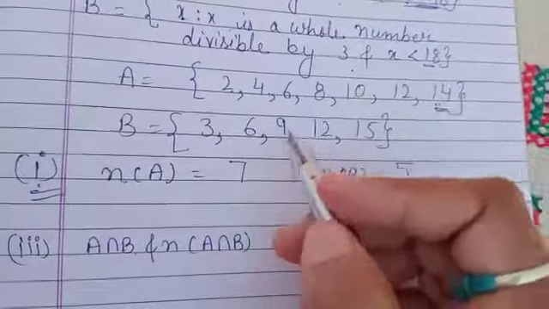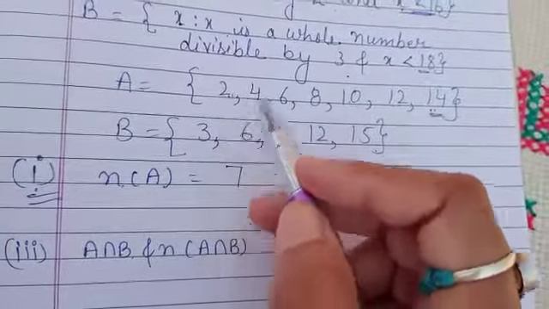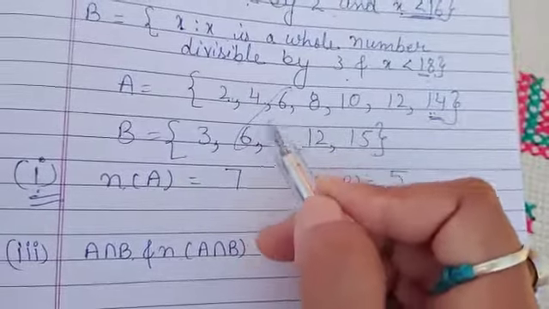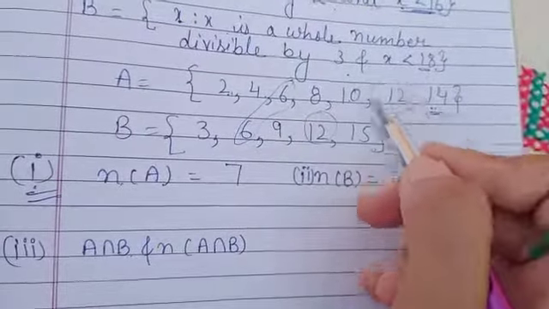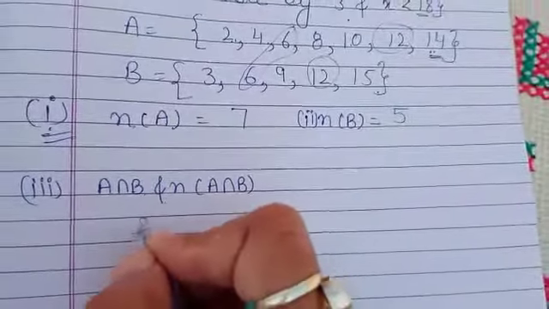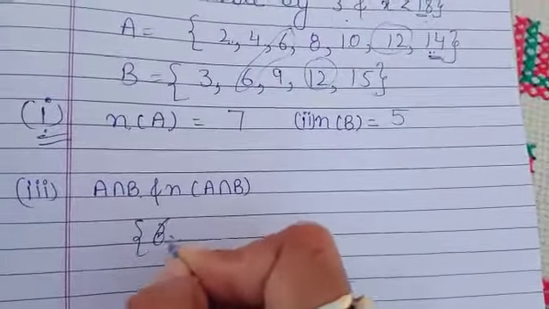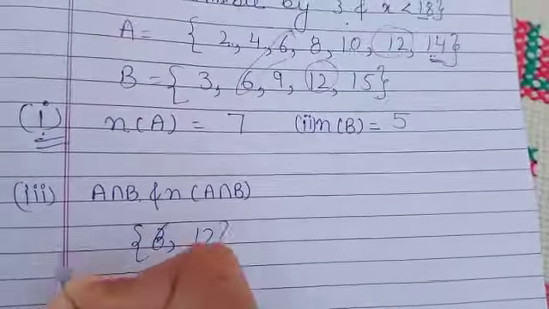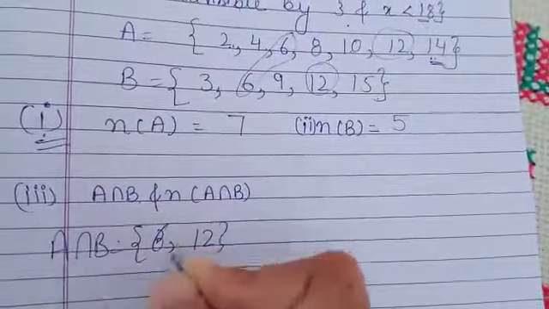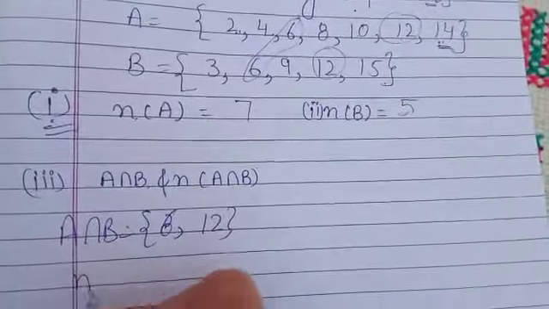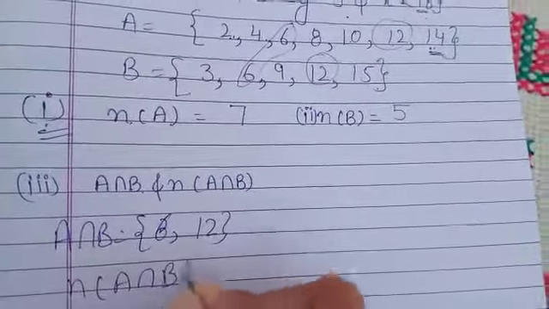So which are common? 6 and 12. Yeah, these two numbers, 6 comma 12. A intersection B is equal to 6 comma 12 and the cardinal number of A intersection B is 2.